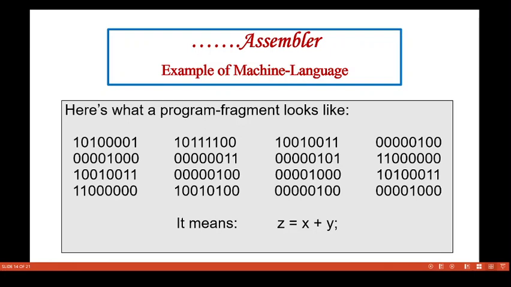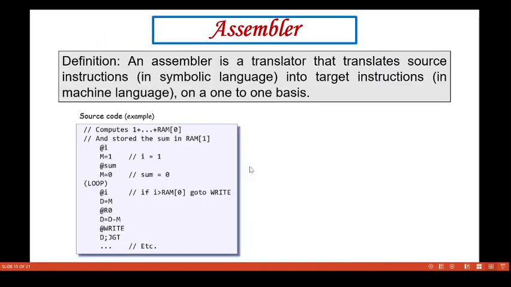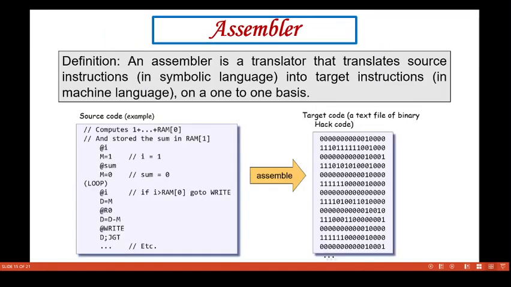So what exactly is the software that helps in converting the high level into a low level language? We call them assemblers. An assembler is a translator that translates source instructions in symbolic language into target instructions in machine language on a one-to-one basis.